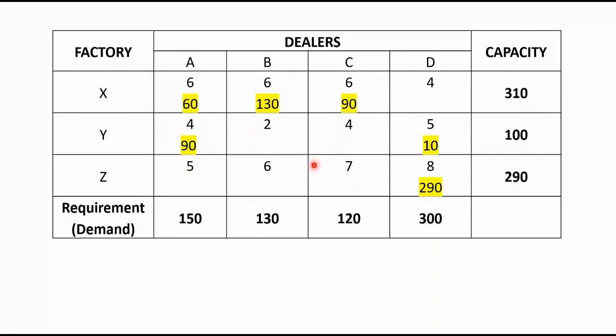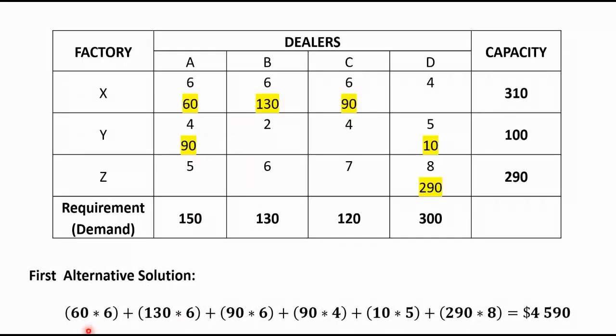Just like this one. So to check whether this new solution will give us the same shipping costs, we will have to multiply 6 times 60, 130 times 6, 90 times 6, 90 times 4, 10 times 5, and 290 times 8, which is still equal to $4,590.